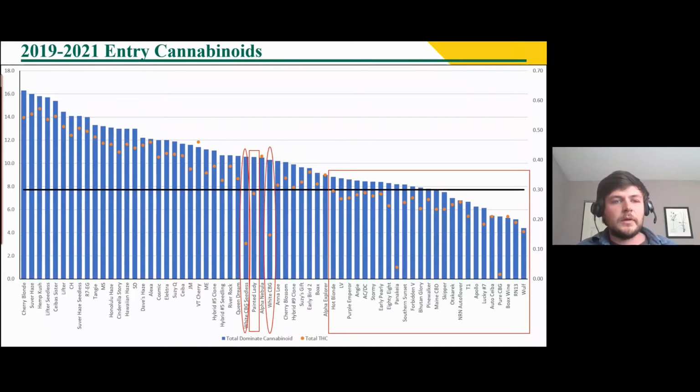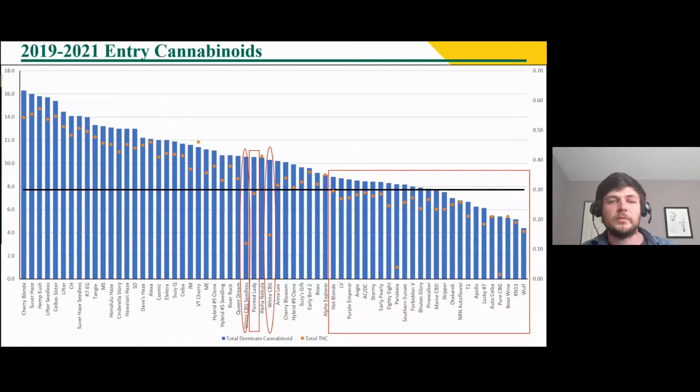In general, at our research farm, our cannabinoid levels are pretty average when compared to some of these specialty growers who commonly reach upwards of 20% CBD or other cannabinoids for their crops. But we generally saw a number of varieties that were well above that 10% range for CBD or CBG, but they also had THC levels that were above the 0.3 limit that's in place.